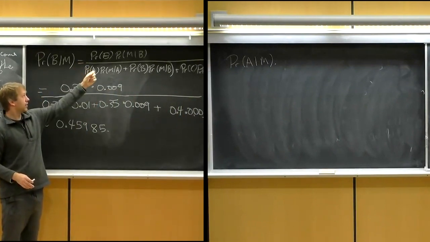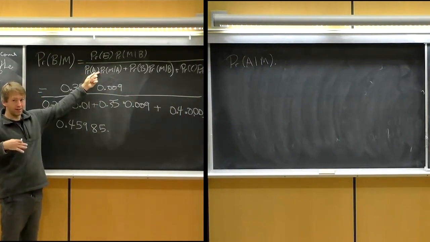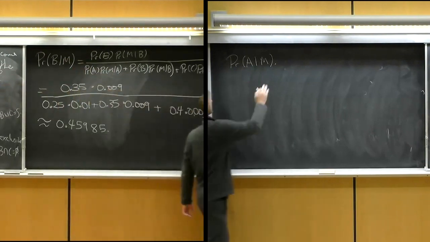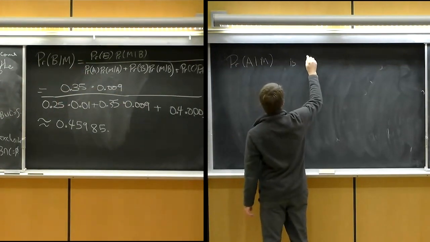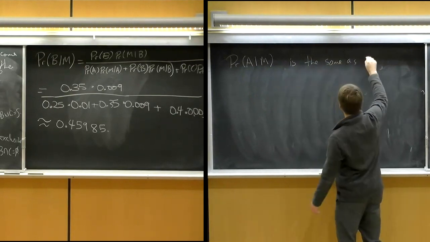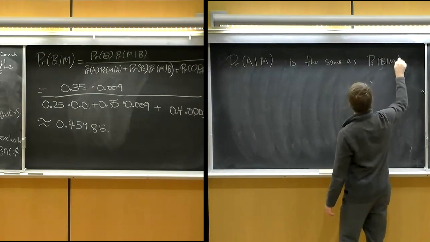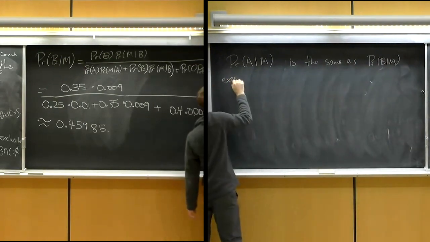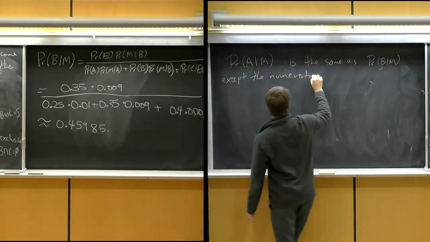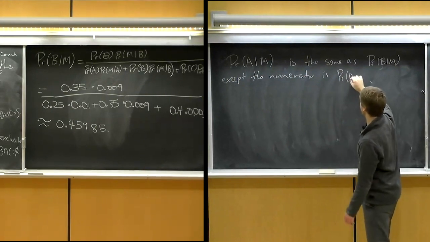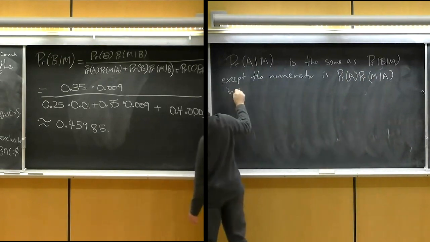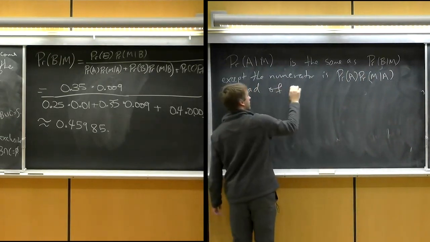The denominator is exactly the same as in the other calculation. The only difference is the numerator. The formula for this is the same as the formula for this, except the numerator is this instead of this.